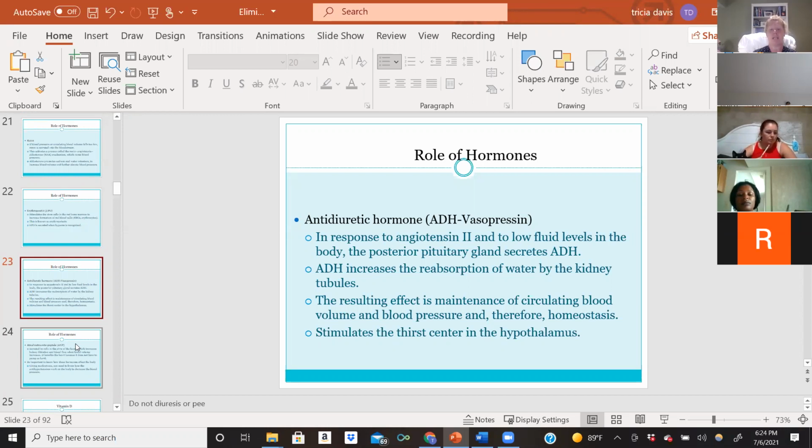It also stimulates the thirst center in the hypothalamus to let us know that we're thirsty and we need to take in fluids. This is one of the issues we see with our older adults: that mechanism in the hypothalamus that tells us we're thirsty is very diminished as they get older. This is why they're so easily dehydrated.